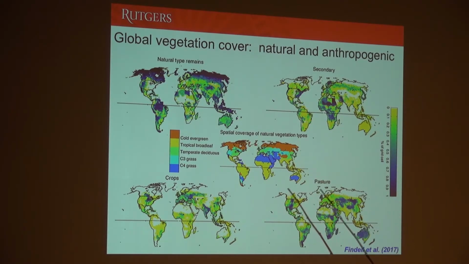And then the 4 maps surrounding that show which vegetation types or where natural vegetation still largely exists. Of course, very few places around the world are pristine, but in some places, you can see in the interior of the Amazon, the scale here basically indicates the percentage of grid cell, and I think this is a 1.5 by 1.5 degree grid. How much of that is basically the natural vegetation?